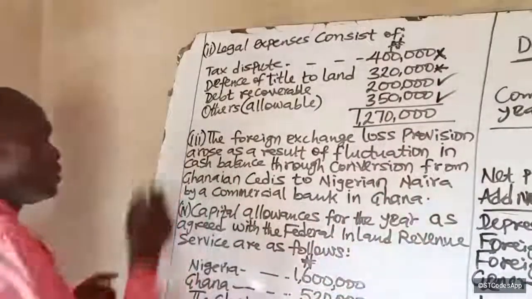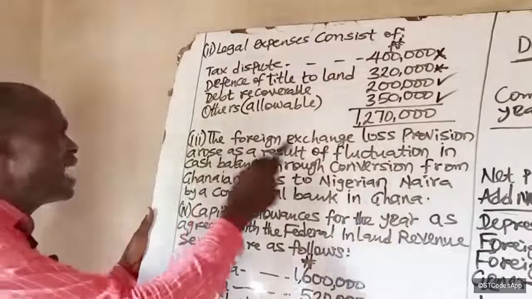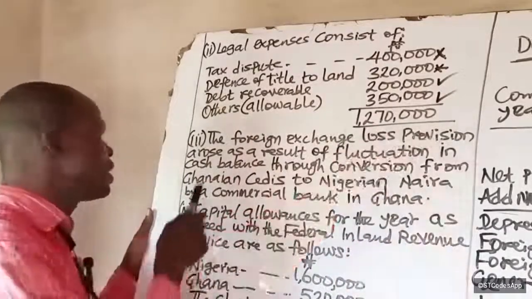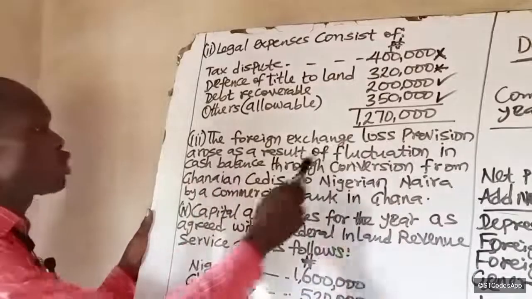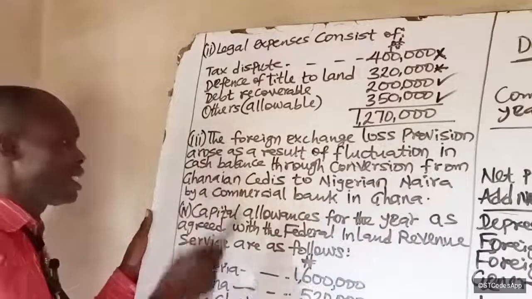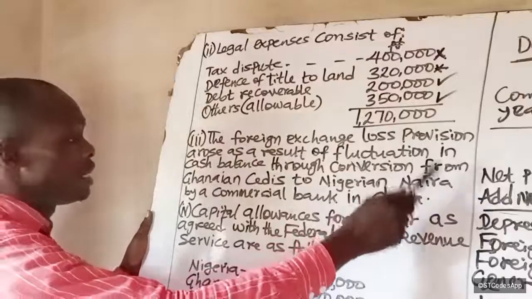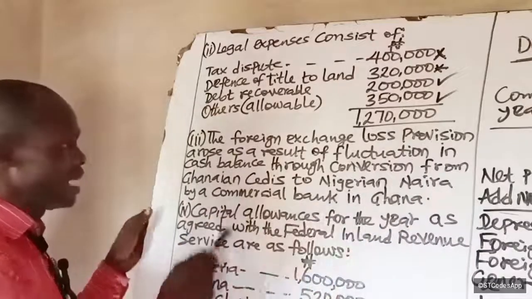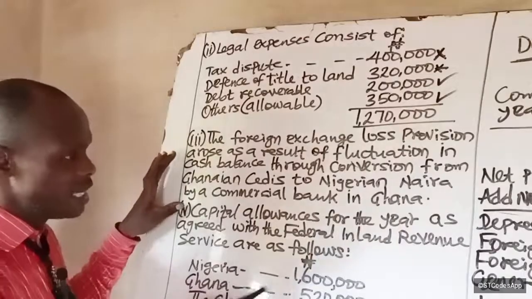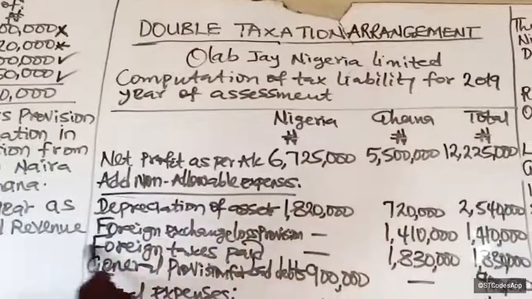Now, note 3. The foreign exchange loss provision arose as a result of fluctuation in cash balance through conversion from Ghanaian cedis to Nigerian naira by a commercial bank in Ghana. So we have disallowed this foreign exchange loss. We've adjusted that.